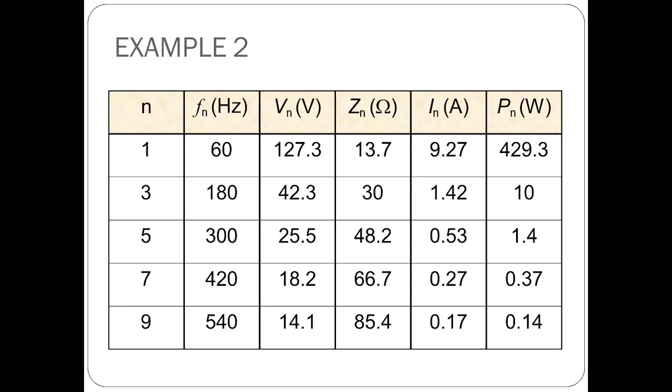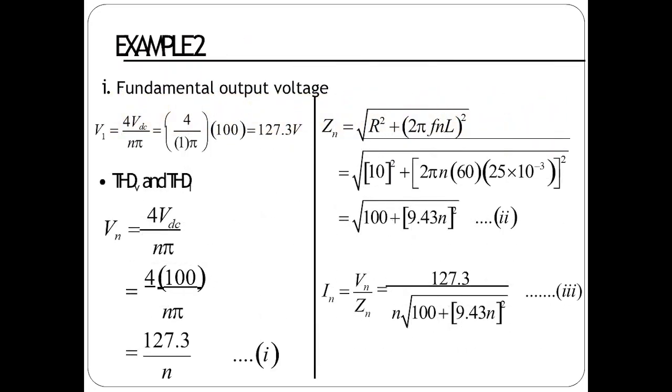The formula is already given here, 4 VDC by n pi, which we have solved to 127.3 by n.